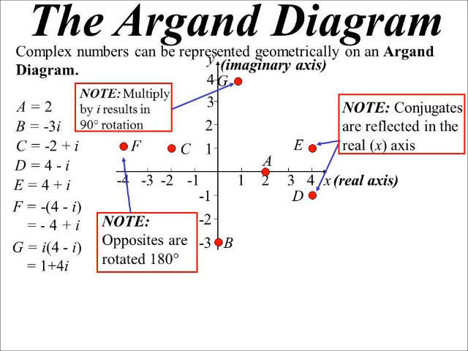Multiplication by i becomes quite important in some of the problems we look at. Look what happens when we multiply by i. The real part becomes the imaginary part, so plus 4i, and the imaginary part becomes the real part. So when we plot it, there it is up there.